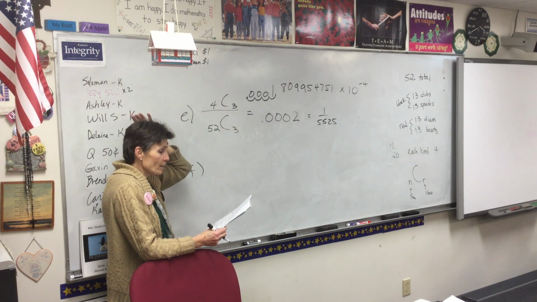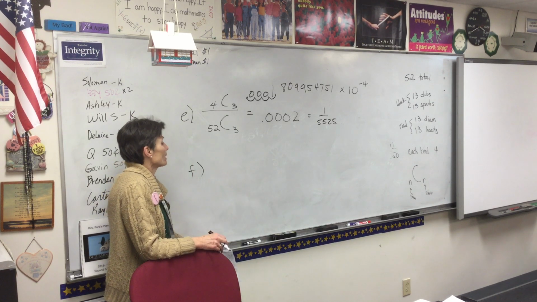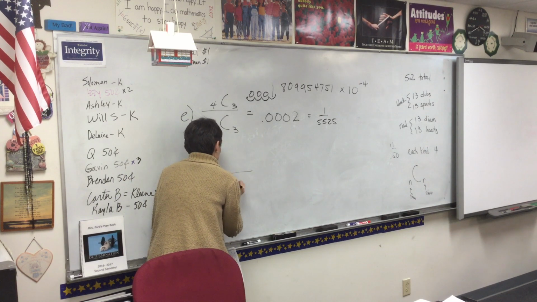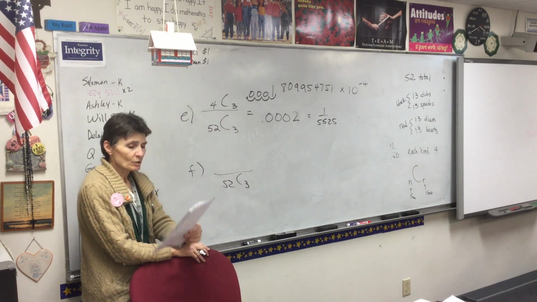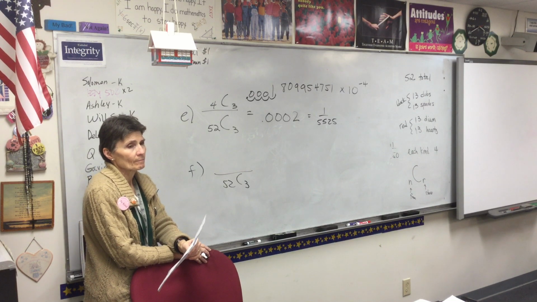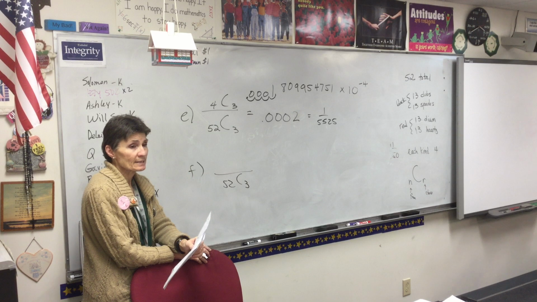All right, 2 queens and 2 kings. All right, so I've got my denominator because that hasn't changed. 52C4. What about 2 queens? How many queens are there? 4. How many are we choosing? 2.